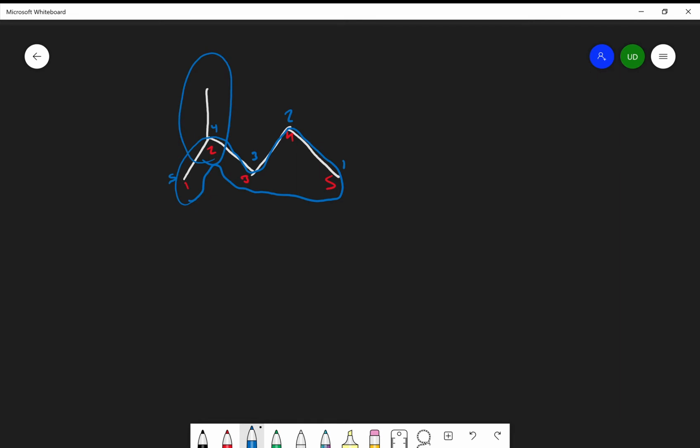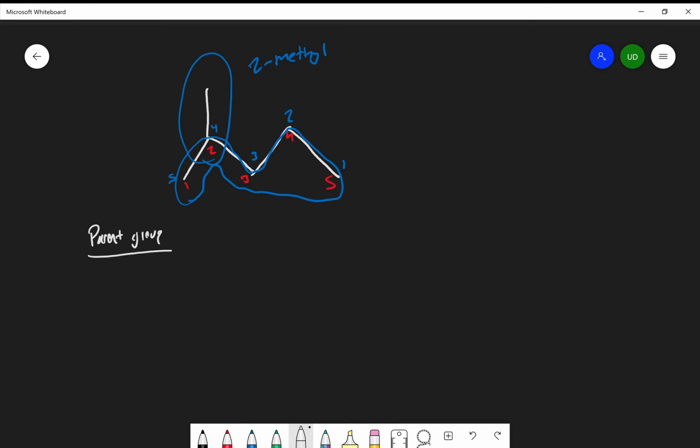So we need to name this carbon. On carbon 2, there's 1 carbon present, so it'd be 2-methyl. We need to figure out the parent group, which we already have.